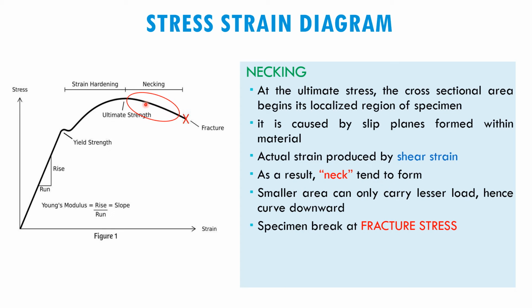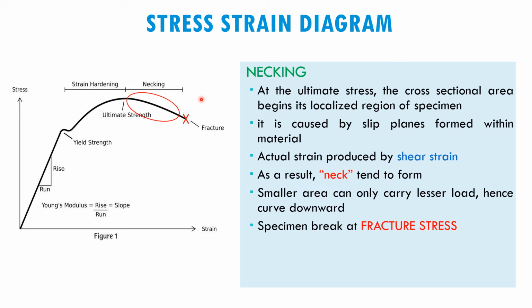During necking, the cross-sectional area starts to localize in one region of the specimen, caused by the slip planes that form within the material. The actual strain is produced by the shear strain. As a result, you will see necking form on the material.